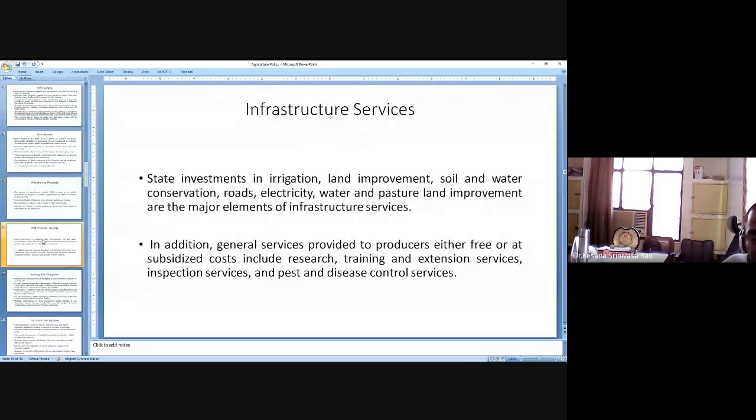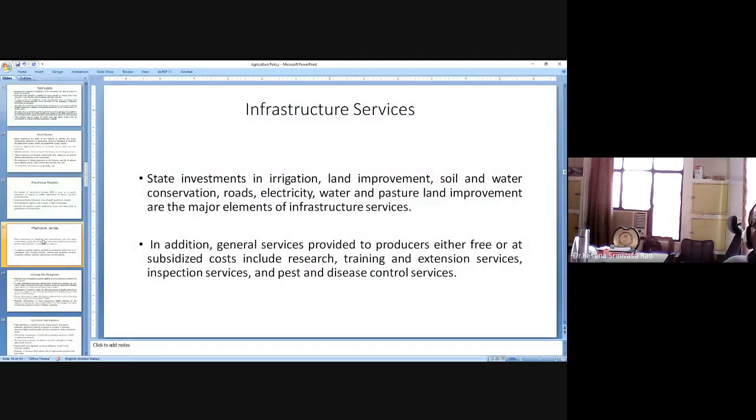Okay, in the previous slides we have discussed how the agriculture infrastructure has to take place and how the government used to support the infrastructure. So as a part of it, the state investments in irrigation and land improvement, soil and water conservation, roads, electricity, water and pasture land improvement are the major elements of infrastructure services.